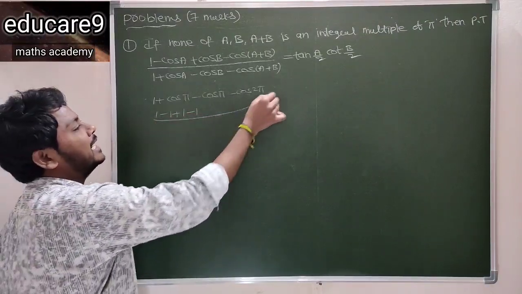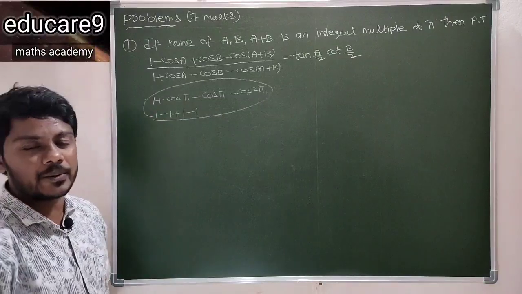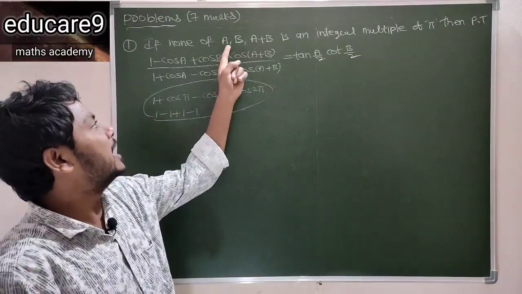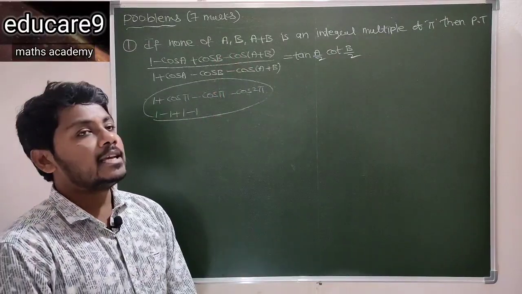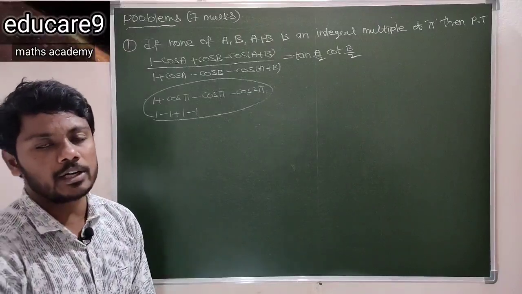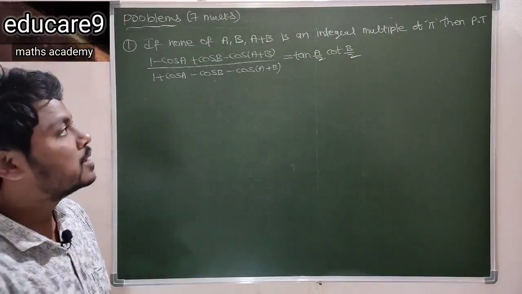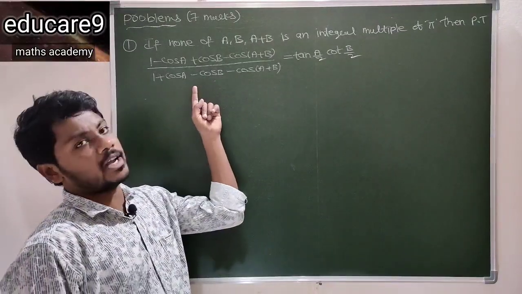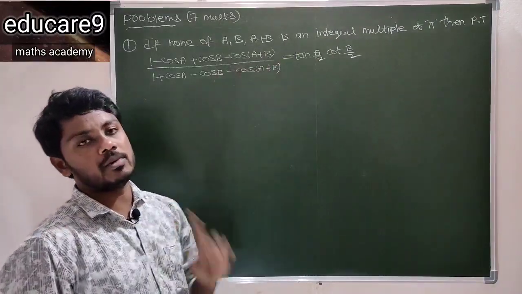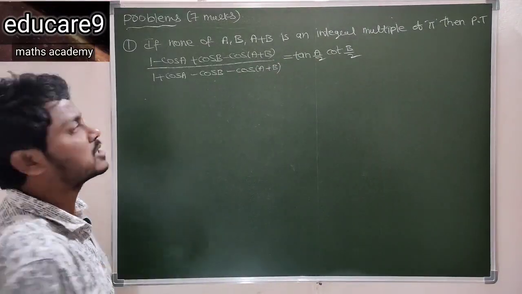So clearly we will get denominator is 0. So that's why here A, B, A plus B is not an integral multiple of pi. Okay. So here then prove that this value is tan A/2 cot B/2. So consider the LHS first.